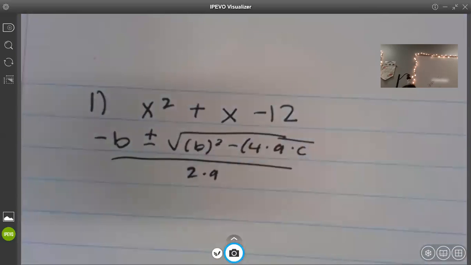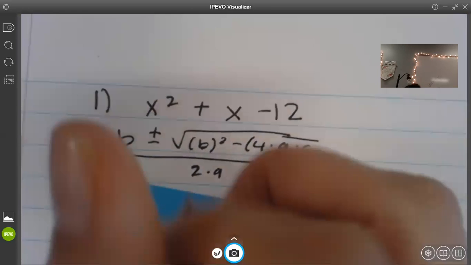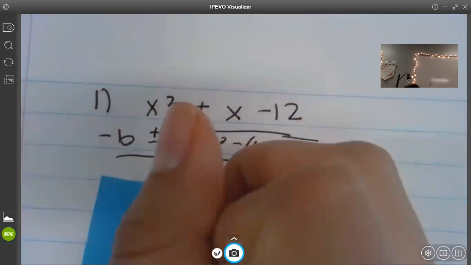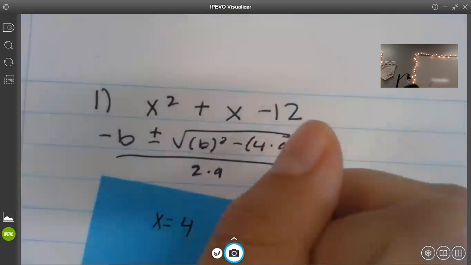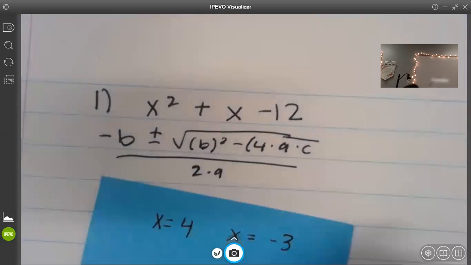Put in your formula, and then tell me the answer for the plus. Now tell me the answer for the minus. What you should have gotten, those should be the 2 zeros.